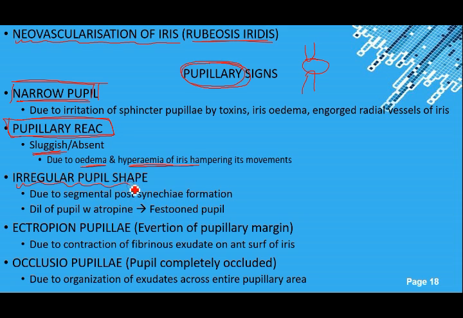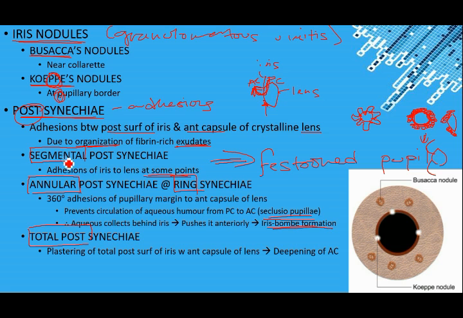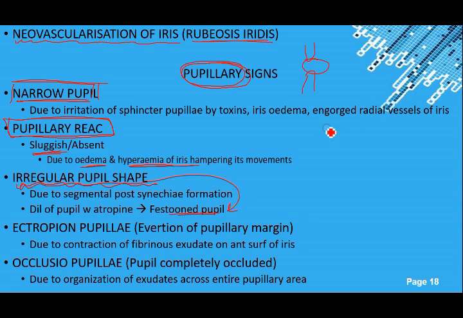Now, irregular pupil shape. This is the festooned pupil I'm talking about, which is due to segmental posterior synechiae. See, this is at segments only. Now, what happens when you give atropine?